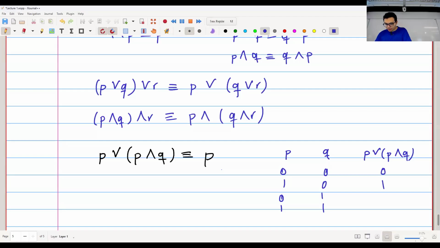So this is going to be 0. And P and Q is also false because P was false. So this is false or false, it's 0. And if both of them are true, you can check that this is also true. And as you can see here, this column is exactly the same as the P column. So P is equivalent to P or P and Q.